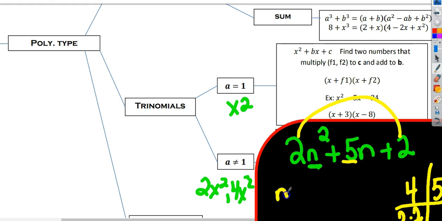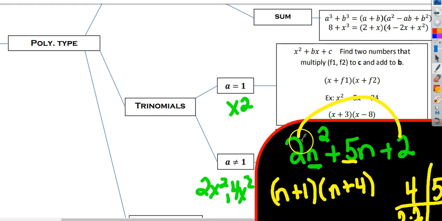So now you take your first term and you say n plus 1, n plus 4. The only thing that is different from the one where x is 1 is now you are going to divide by your coefficient. You have to use this number.